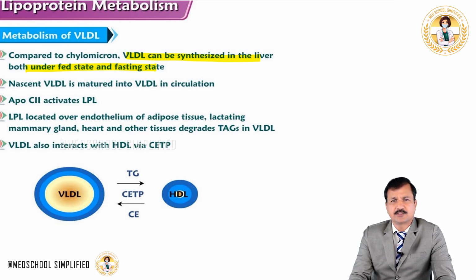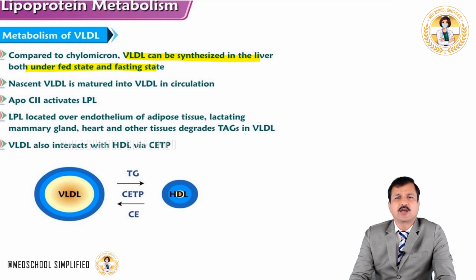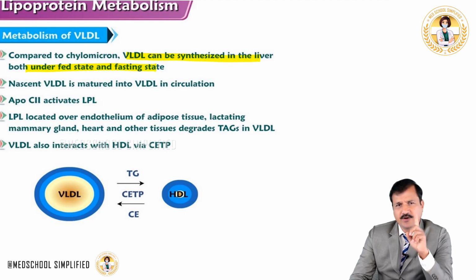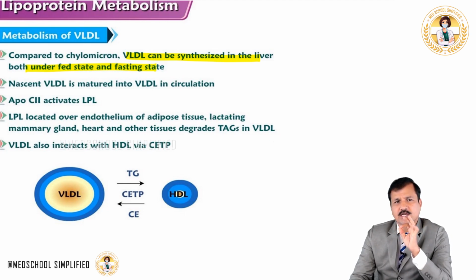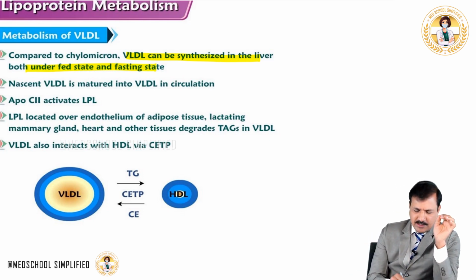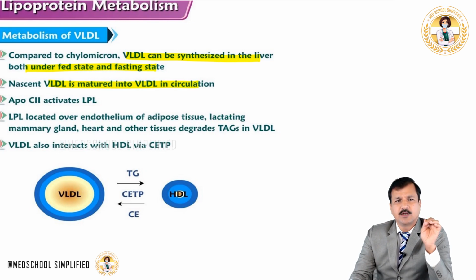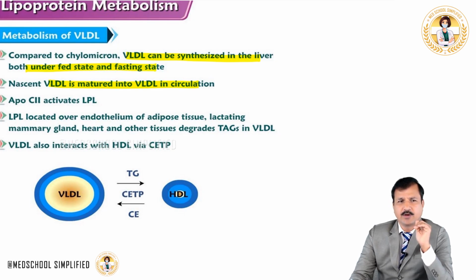Make sure you remember this point, it's very important. That is the one point that can differentiate between chylomicrons and VLDLs. Now, nascent VLDLs are matured in the circulation into mature VLDL molecules upon uptake of Apo C-II and Apo E from HDL. That's an important point.